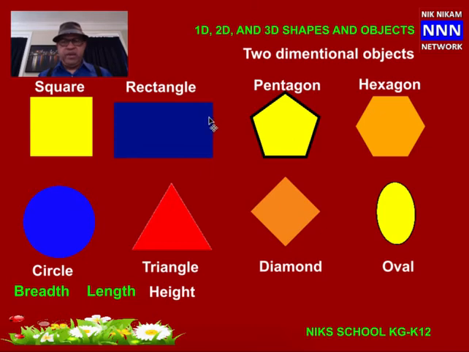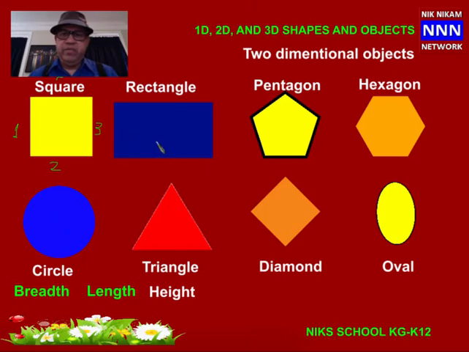Okay, let's look at the next example here. Oh, look at that. It has so many sides. 1, 2, 3, 4, 5. So let's look at that. Okay, we have 4 sides here. Here we have 1, 2, 3, and 4.